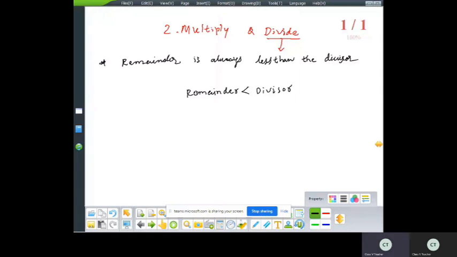Questions. Now we see some problems depending on division. Already we discussed some problems, that is page number 28.